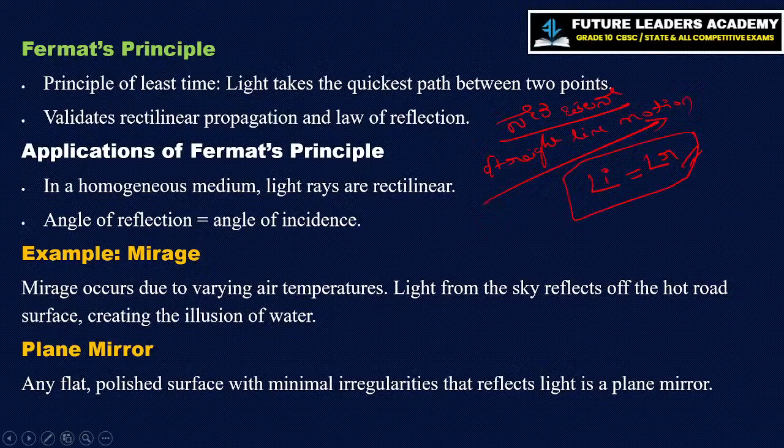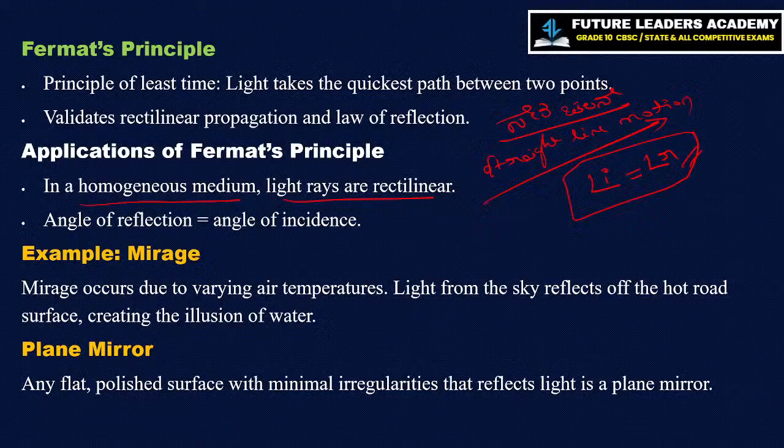Then what is the application of Fermat's principle? In a homogeneous medium, light rays are rectilinear. What is a homogeneous medium? You know very well, in the previous video I had covered it: homogeneous, heterogeneous. Right? Yes or no?